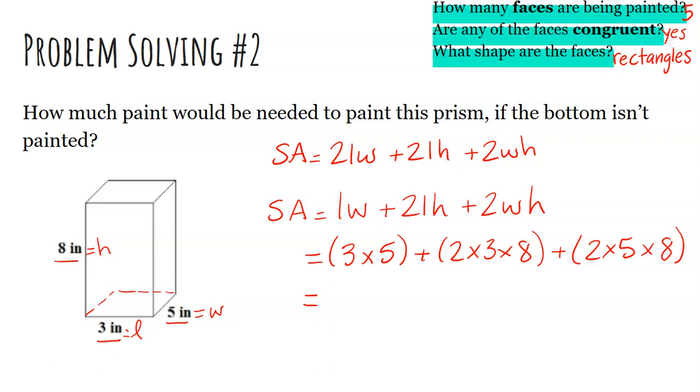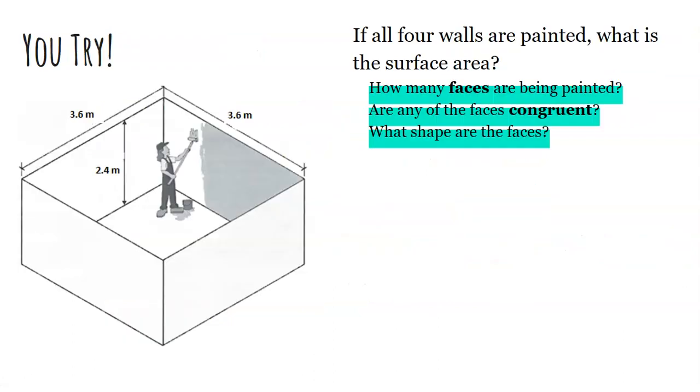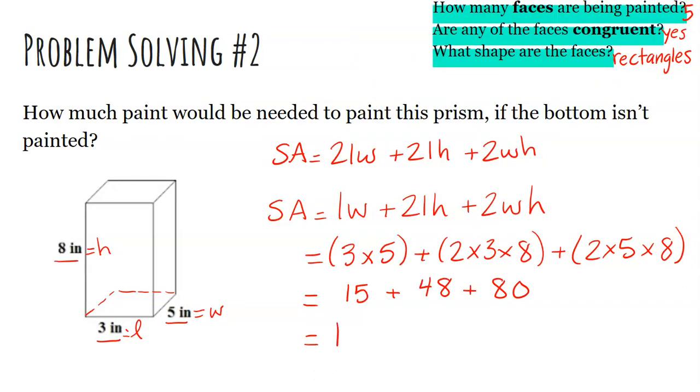When simplified, 3 times 5 equals 15, plus 2 times 3 times 8, which equals 48, plus 2 times 5 times 8, which is 80, and our total would be 143 inches squared.